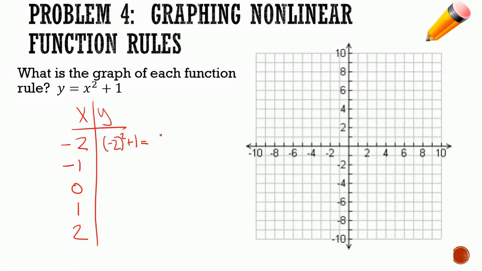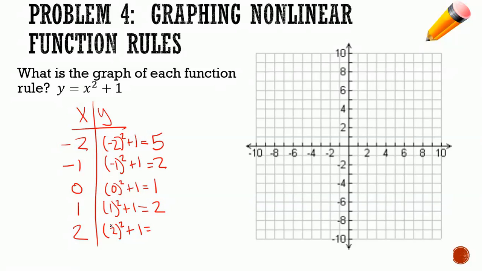So 4 plus 1, we got 5. Plug in a -1. I'll get a positive 1 plus 1, 2. 0 squared plus 1 is just 1. 1 squared, 1 plus 1, 2. 2 squared is 4, plus 1 is 5.